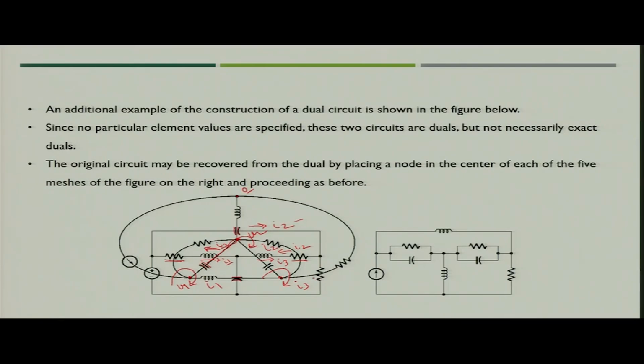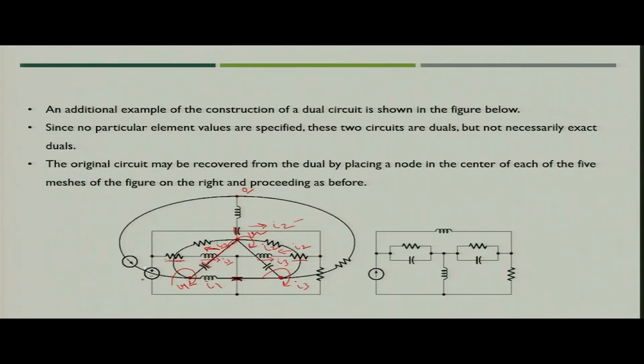Finally, we are left with this resistance, where only the mesh current I3 is flowing. So, it means that the dual of this would be connected between node 3 and the reference node only. So, the conductance of this dual would be connected between node 3 and the reference node.